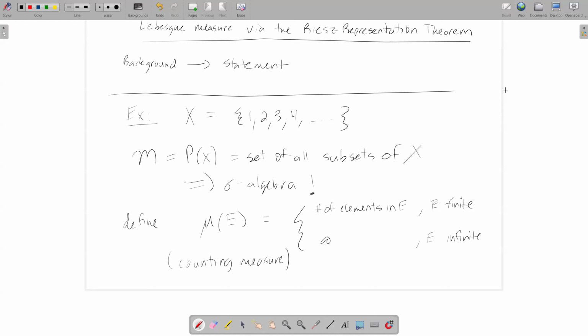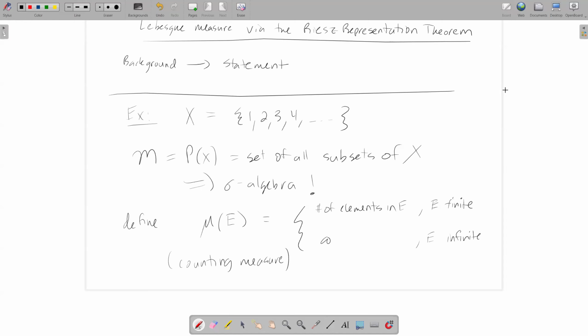If you have a countable collection of disjoint finite sets, and infinitely many of them are non-empty, then you have an infinite number of elements in the union, and the sum will converge to infinity, or diverge, however you want to put that.